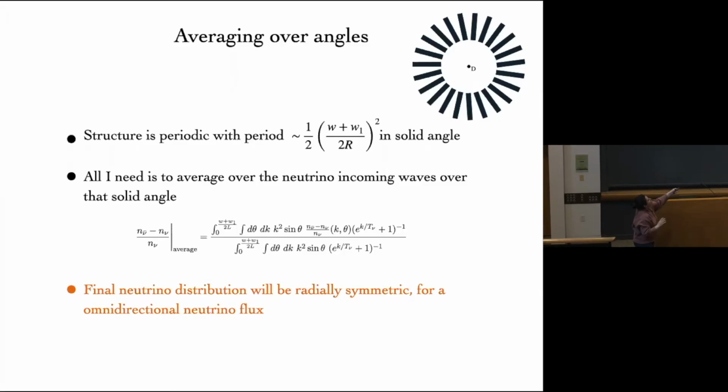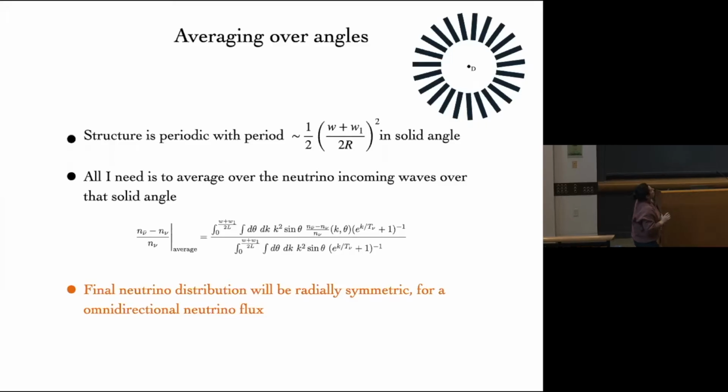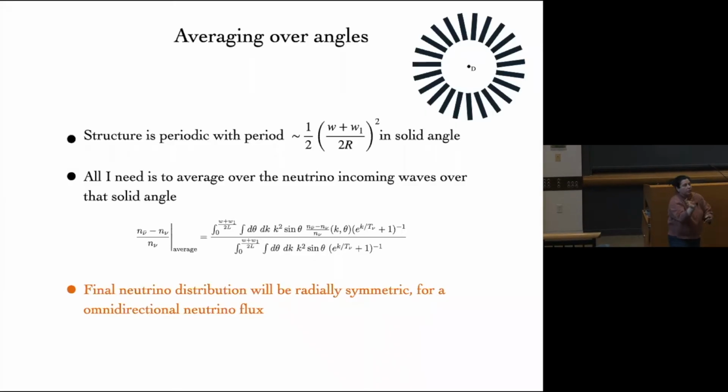So as long as we calculate what the asymmetry is by averaging over this solid angle, we're kind of done. And the way you average is taking the C3, this sine theta, and then, in principle, you need to add all solid angles like this, but the pattern remains the same.